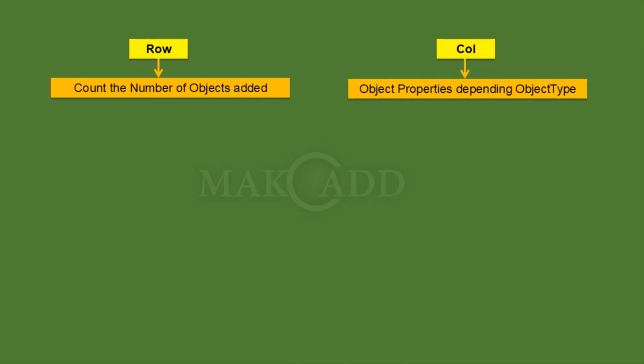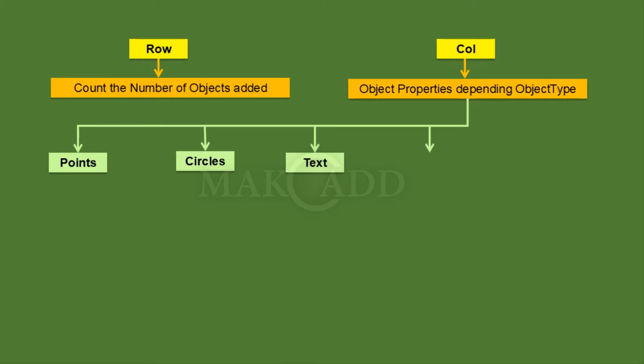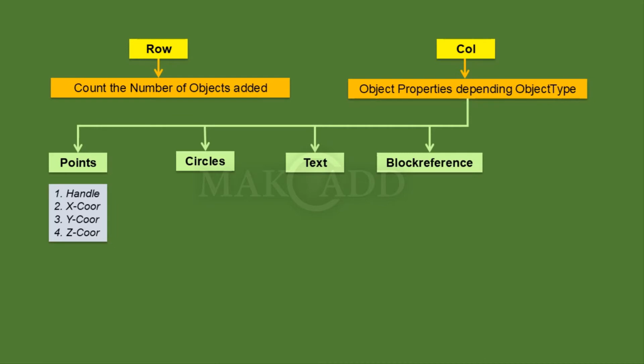Okay, then the type of object we are inserting: points, circles, text, or block references. Each object has different properties. For sure, first we will use the handle. Then if it is points, we will use XYZ coordinates.